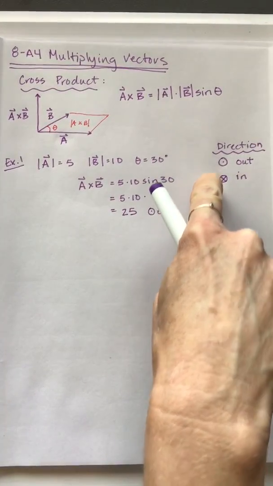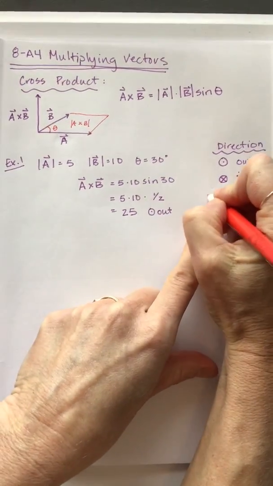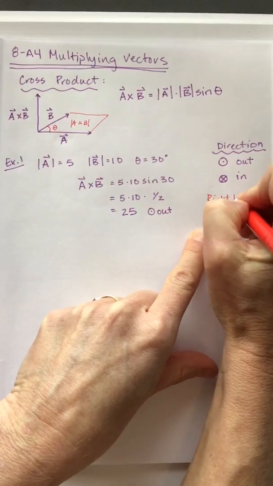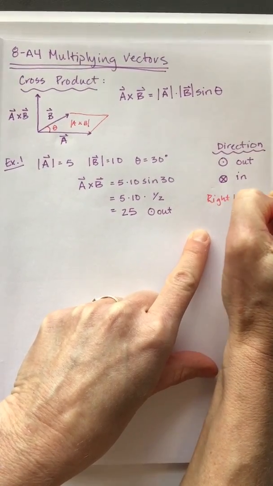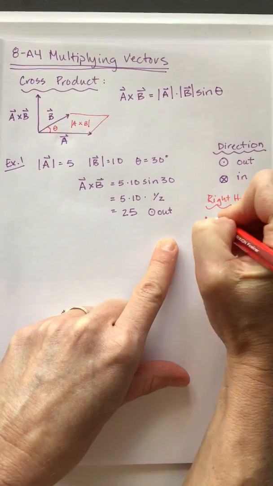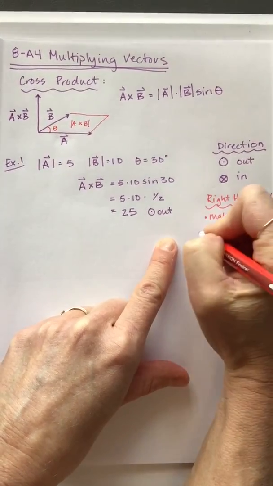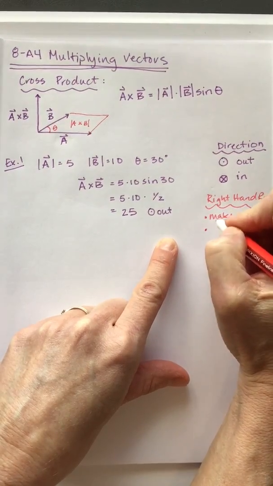Okay, so that's called the right hand rule. Make a gun. And of course, you're using your right hand, otherwise it's not going to work.